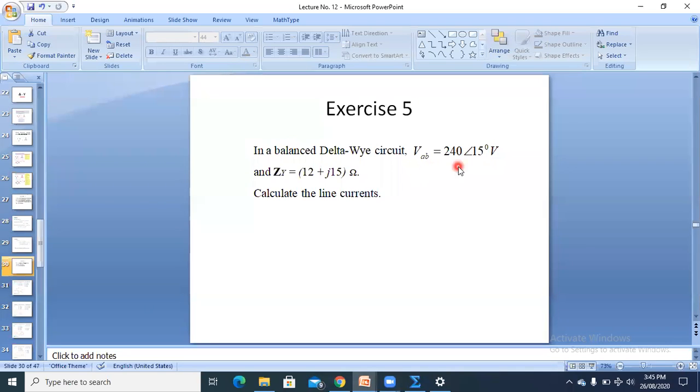So we get the value of this phase voltage. When we divide this by the impedance, we calculate the value of the line current. If it is a positive sequence, we will find the value of the current at minus 120 degrees and plus 120 degrees, or minus 240 degrees, for the given load.